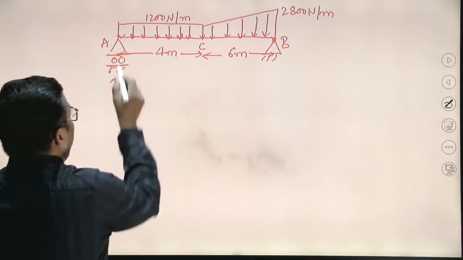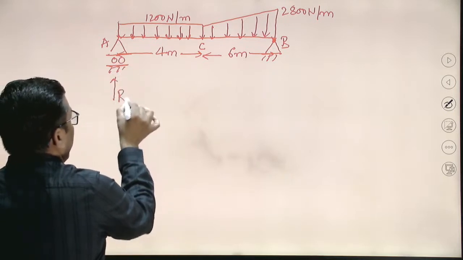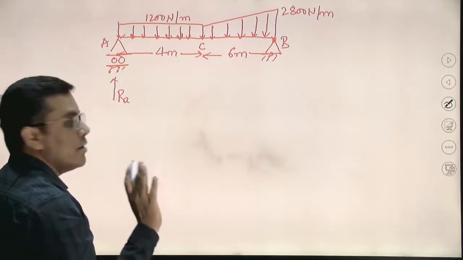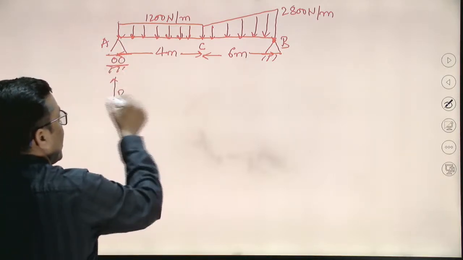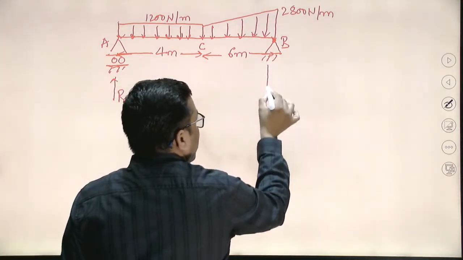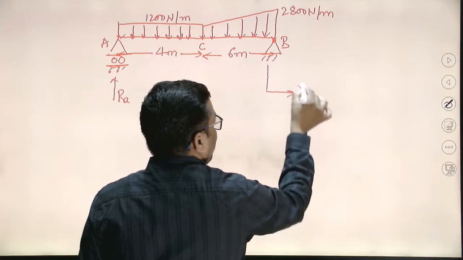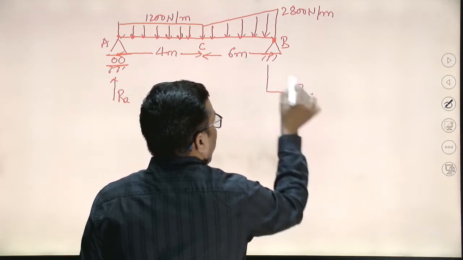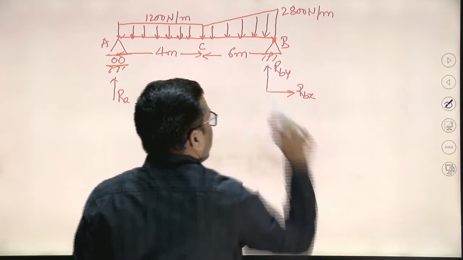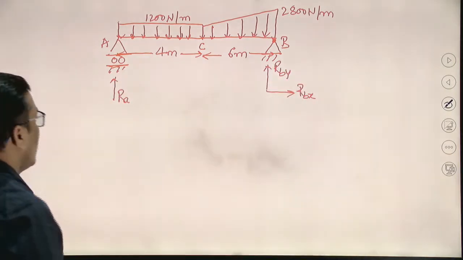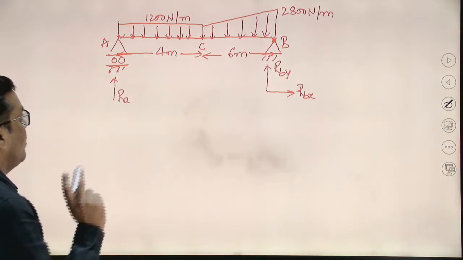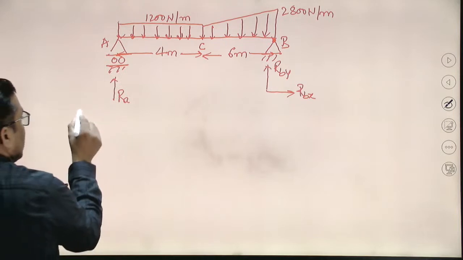So RA is here. By removing the roller we can get one upward reaction force. At point B there will be two reaction forces, RBX and RBY. No issue. How many conditions of equilibrium do we have for this particular problem?